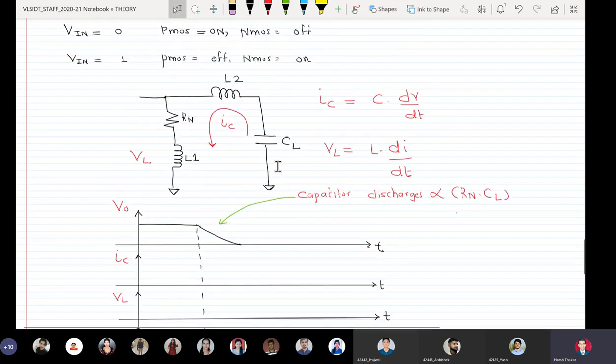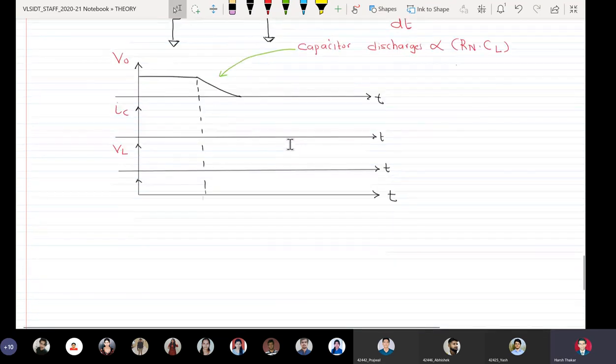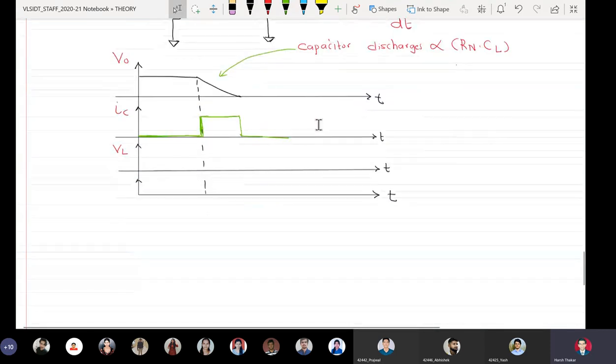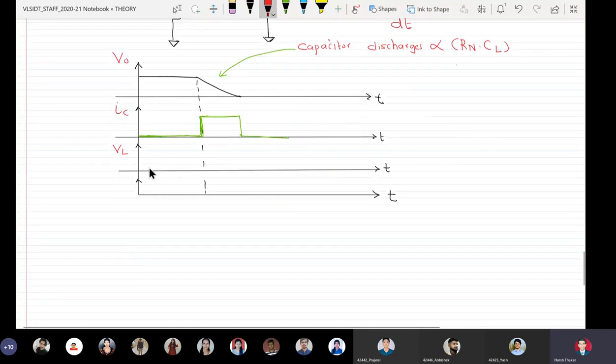So the capacitor current is C into dV by dt, so naturally we are going to get waveforms like this. It is constant here, so I will have it like this. And because the inductor voltage is L into di by dt, it is going to create spikes now.